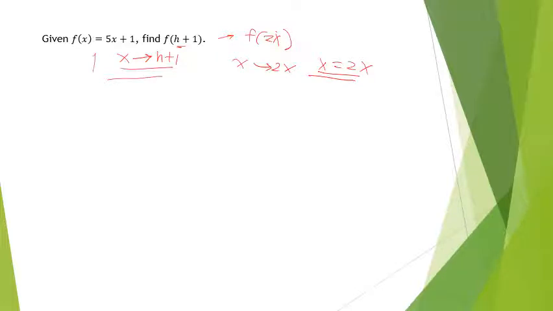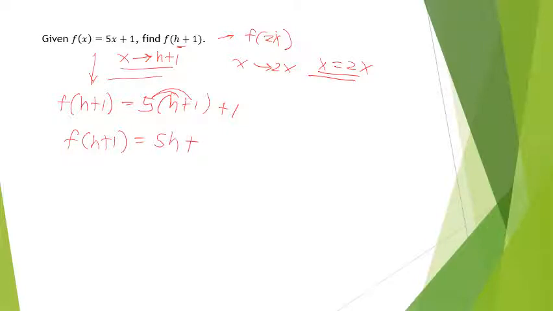So, gawin natin 'to. Palitan muna natin lahat ng x ng h plus 1. So, f of h plus 1 is equal to 5 times h plus 1, plus 1. Times natin 'to, distributive, 5 times h, 5h, plus 5 times 1, 5, plus 1.